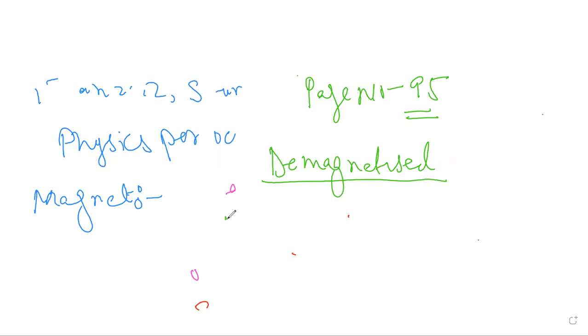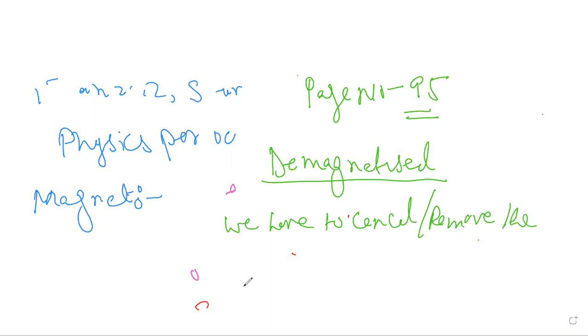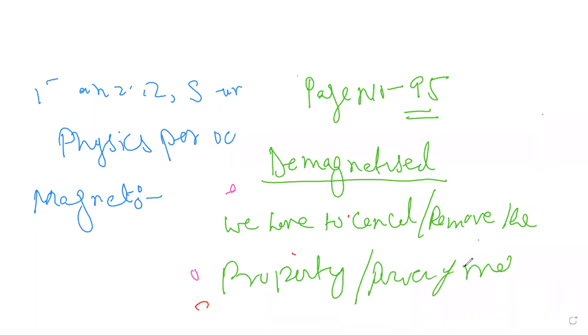Demagnetize means we have to cancel or remove the property or power of magnetism. The magnetism property should be taken out from it. This is called demagnetize.